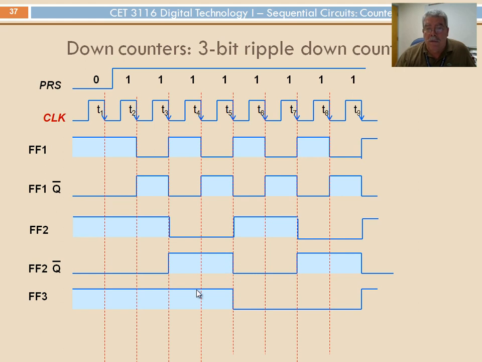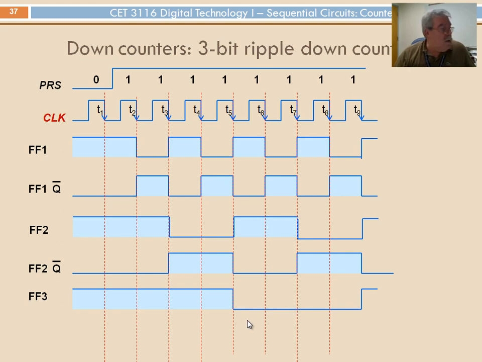Then we toggle from 1, preserving the preset value until this first change. The next will occur right here, and this is a toggle from 0 to 1, because we did 1 to 0 before. So it's pretty simple, very straightforward.